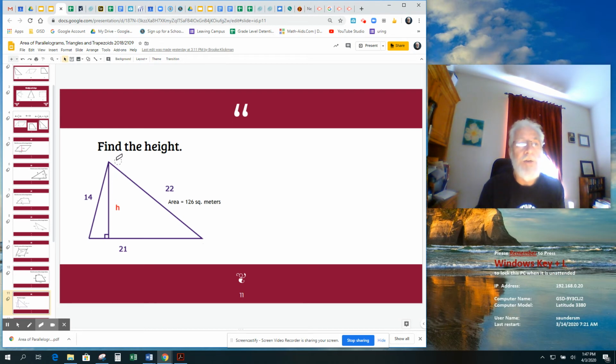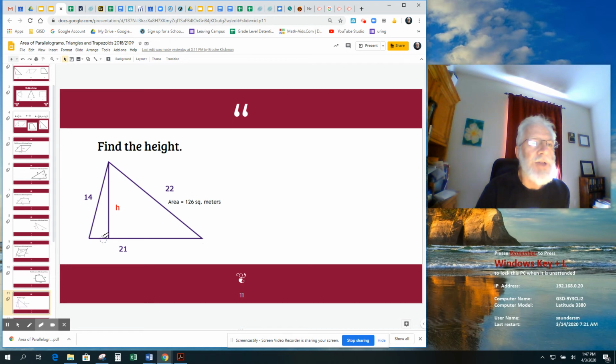And here we have a 3-sided figure, 1, 2, 3, 3 angles. So this is a triangle. The area of a triangle, I always start here. Area equals 1/2 base times height. Okay, let's see what they gave us. They gave us H is perpendicular.